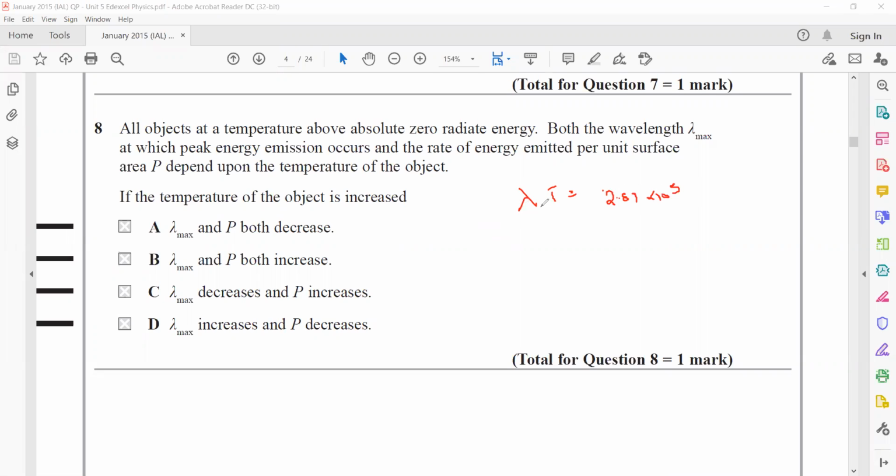It means that wavelength and temperature are inversely proportional. If temperature is increased, the wavelength should decrease. And the power or the luminosity is proportional to the fourth power of temperature. If the temperature is increased, the luminosity will also increase.